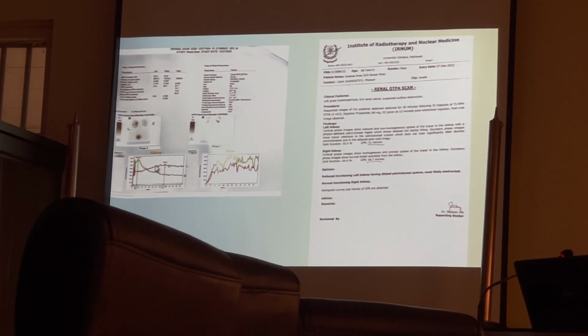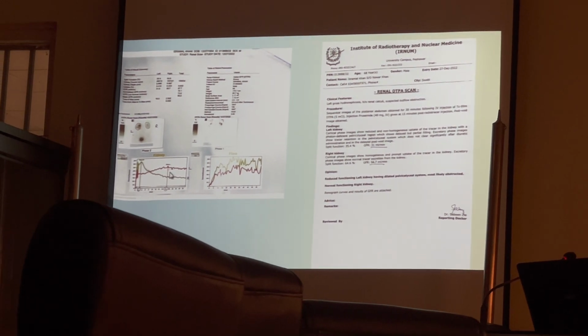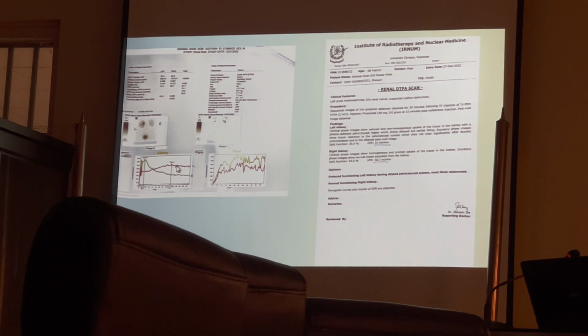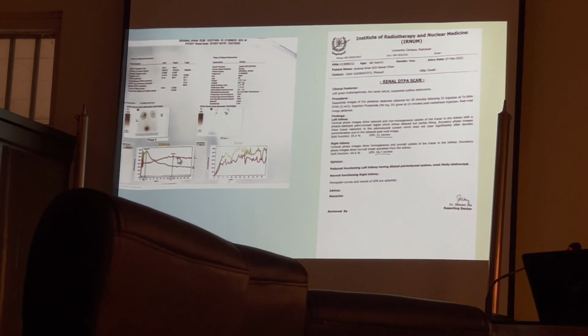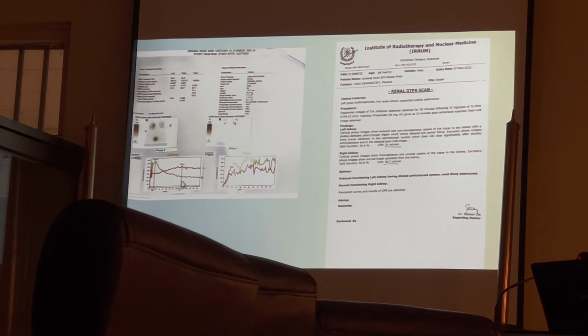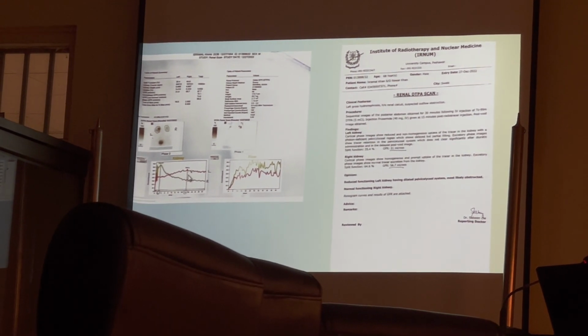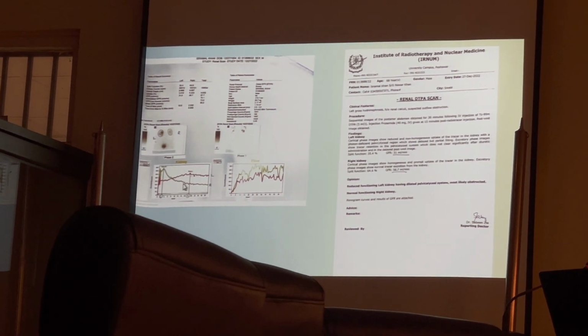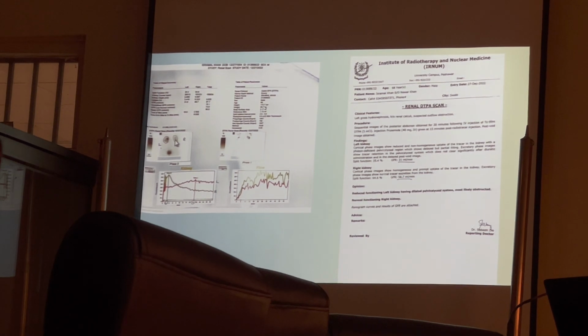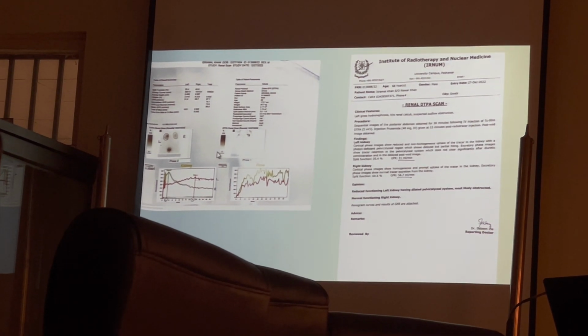It is also showing that the graph is not coming down, and even after diuretic administration, it is remaining flat or high. So it is also left renal outflow obstruction. And the right kidney graph is almost normal. It is coming down here. This is the area of the right kidney and this is left.